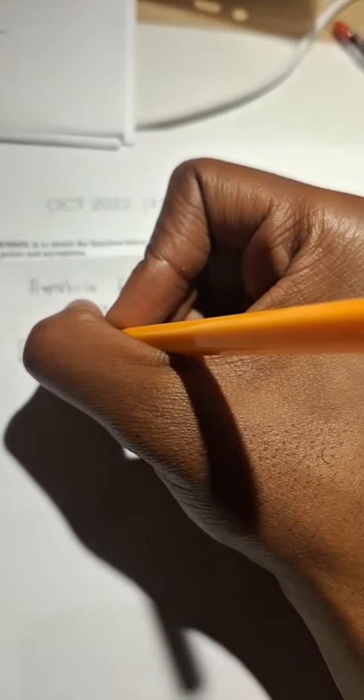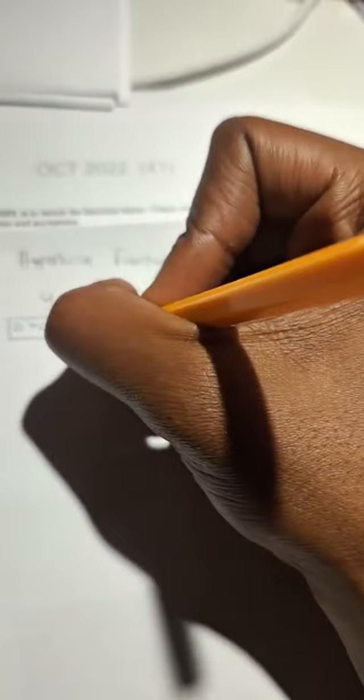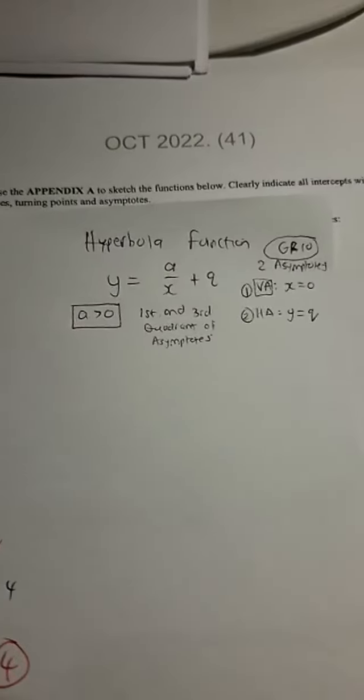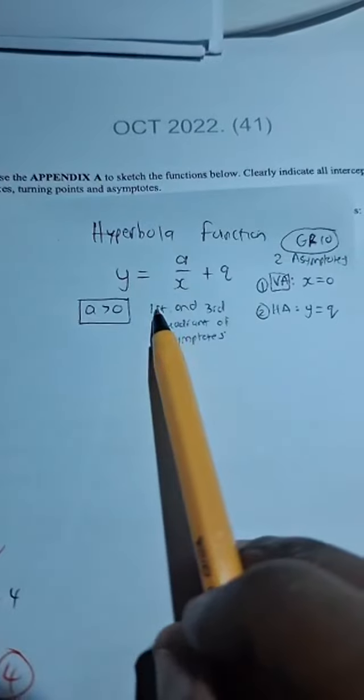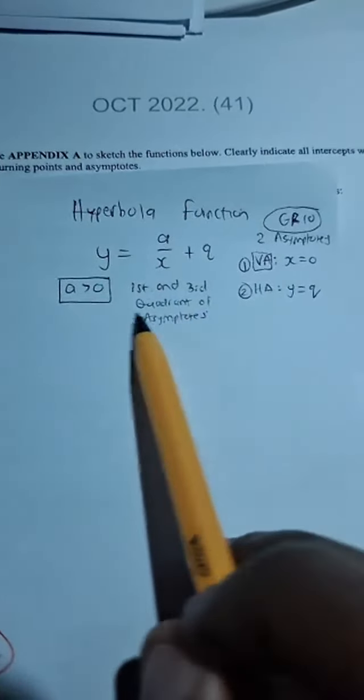So we say that when a is greater than 0, the function is found in the first and the third quadrants of the asymptotes.